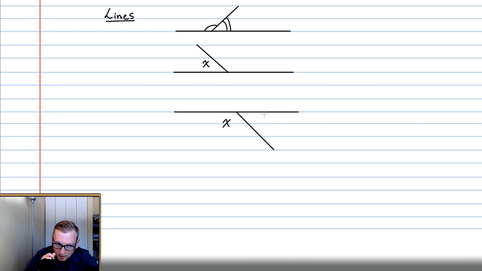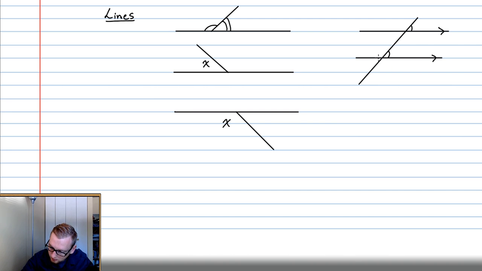So we're going to talk about lines. What other things can we say about lines? There's bisecting lines, parallel lines, angles between them. This angle is congruent to this angle.